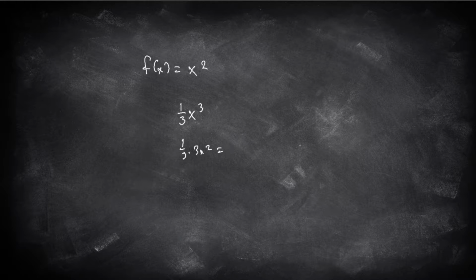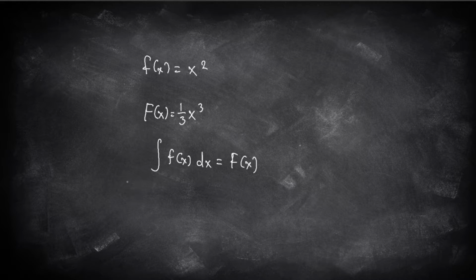So that's basically a basic example of an integral, and we could denote that by capital F, and that's going to be our integral. So a way to write this would be the integral of f of x with respect to dx is equal to capital F, and that's basically it. So why do we write with respect to x?